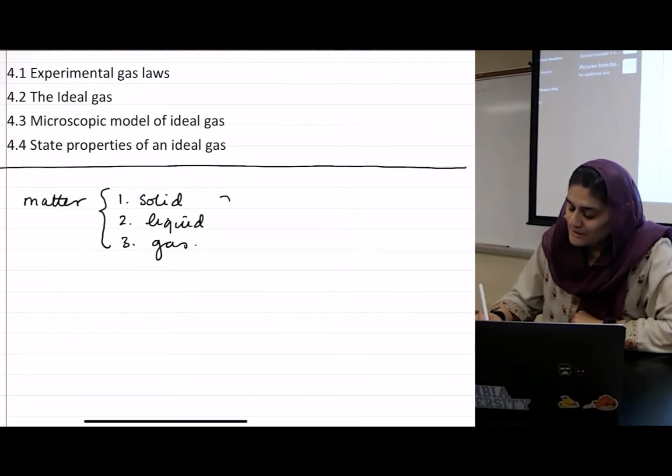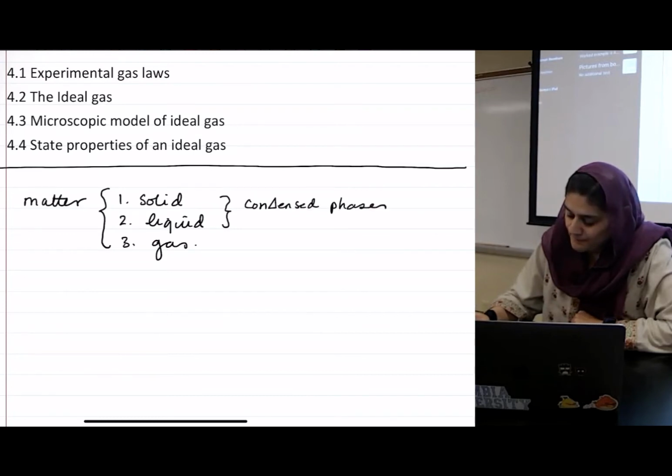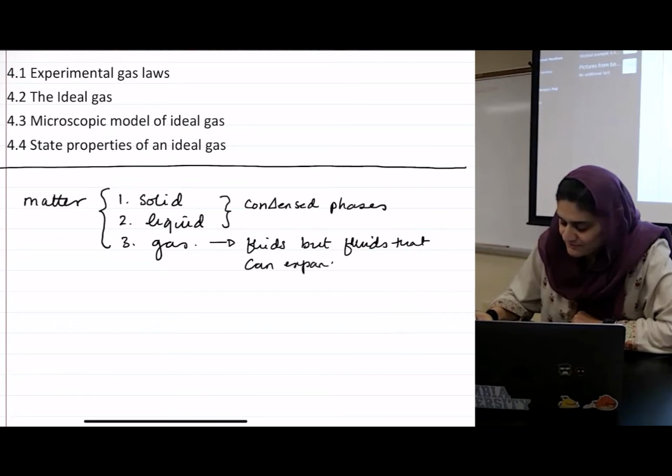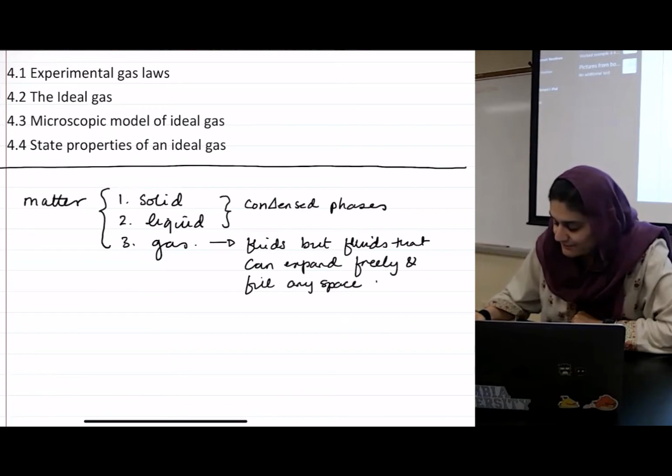So solids and liquids are called condensed phases. And gases, we can call them fluids, fluids that can expand freely and fill any space available to them.